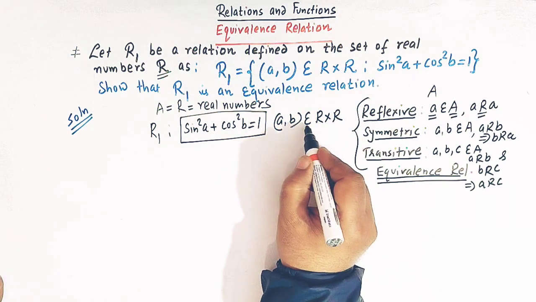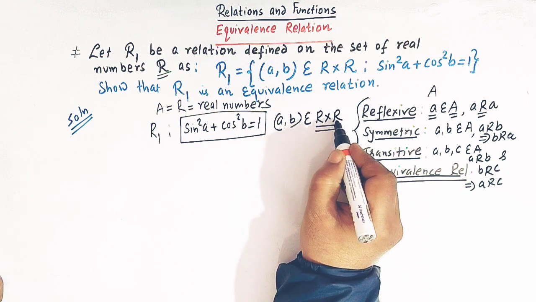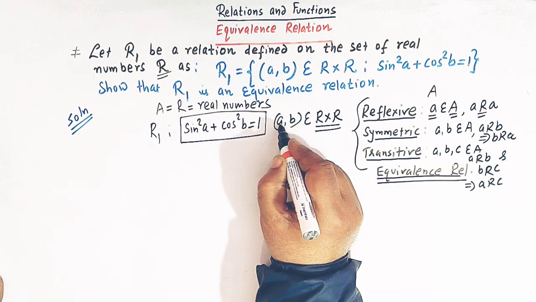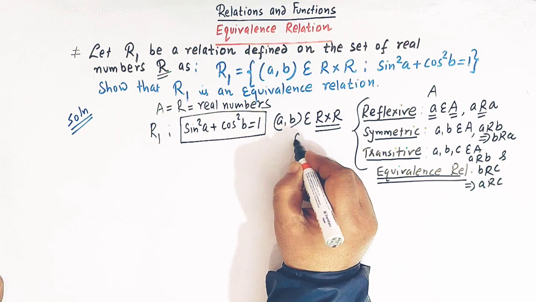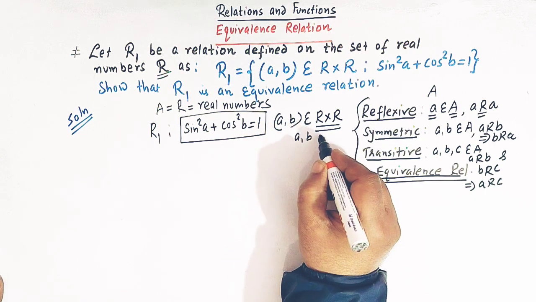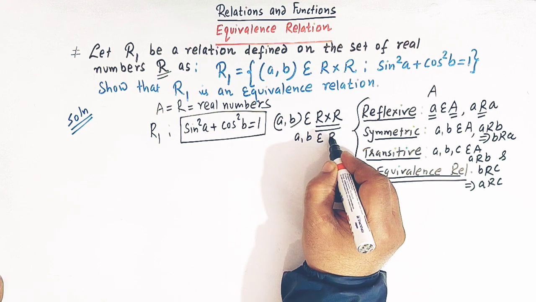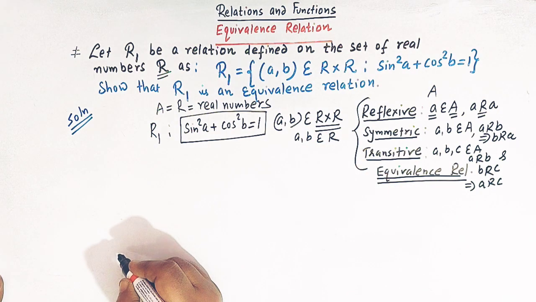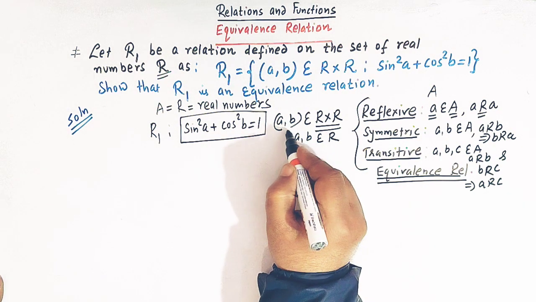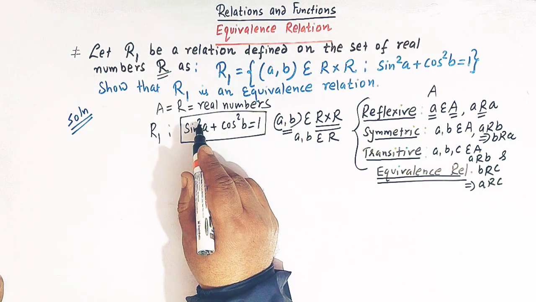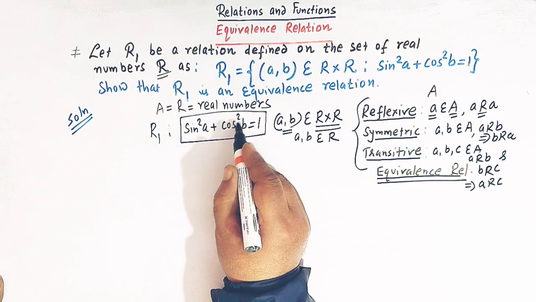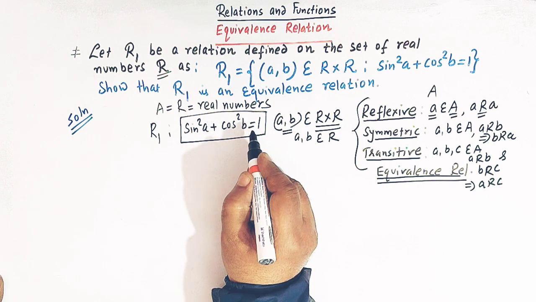So (A, B) belongs to R cross R, where this ordered pair has two numbers A and B belonging to the set of real numbers R, and this ordered pair satisfies this relation, that is sine square A plus cos square B is equal to 1.